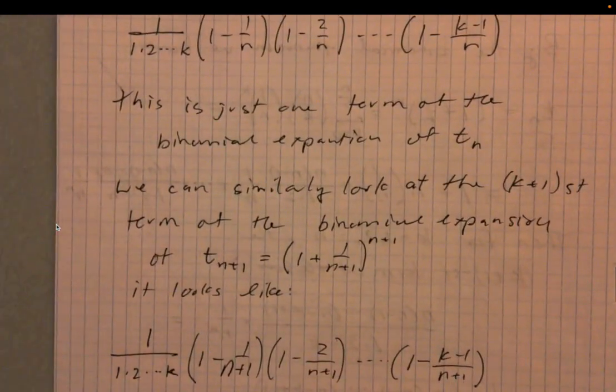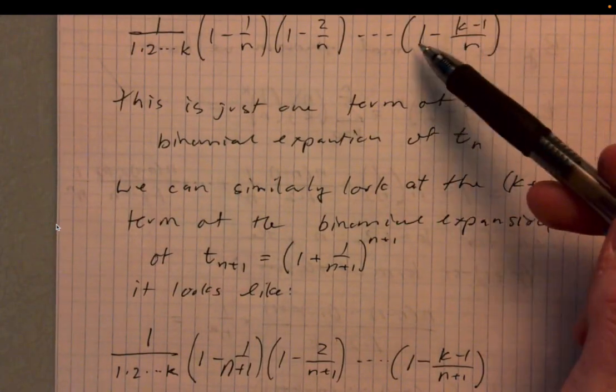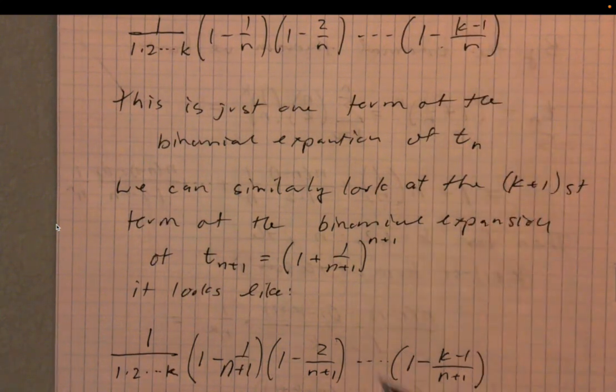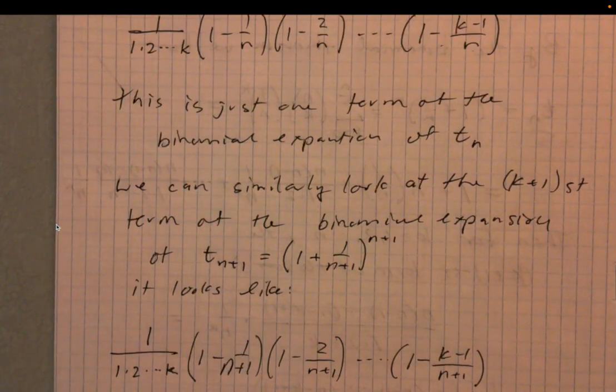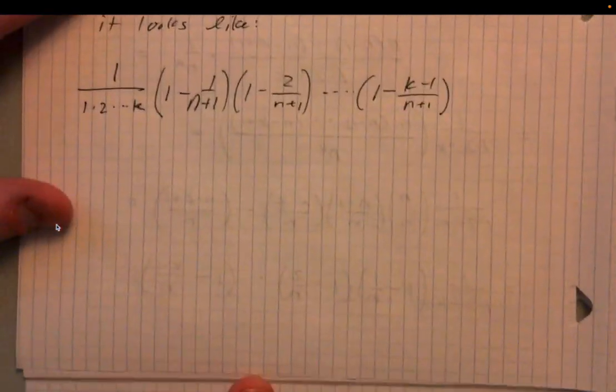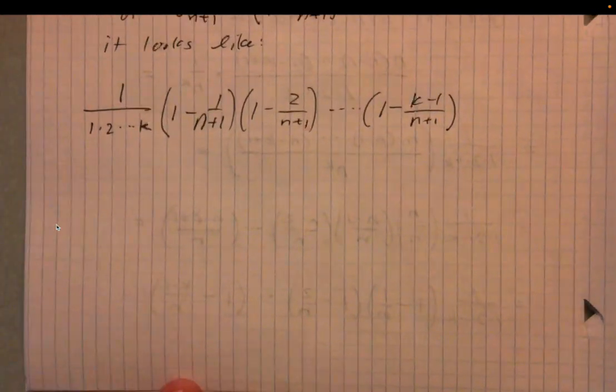So these two are very similar. Here you basically got 1 minus k minus 1 over n, and here you've got 1 minus k minus 1 over n plus 1. Okay, and so let's put these guys next to each other and see what this looks like.